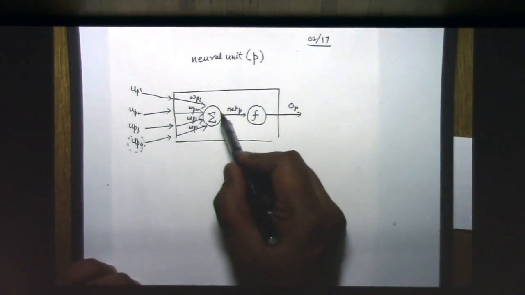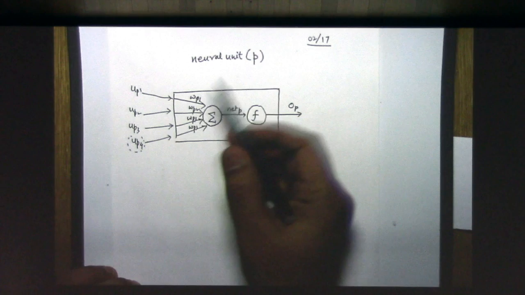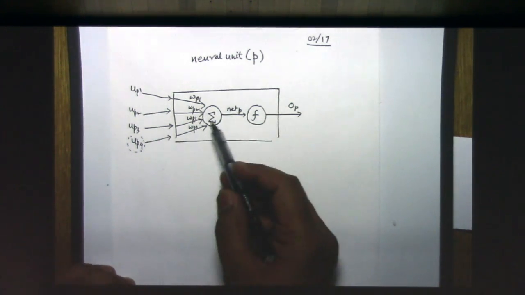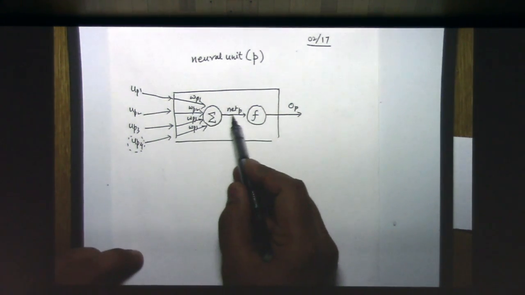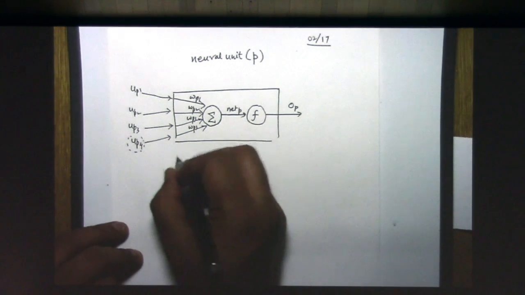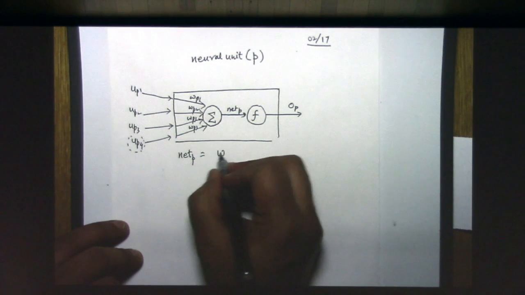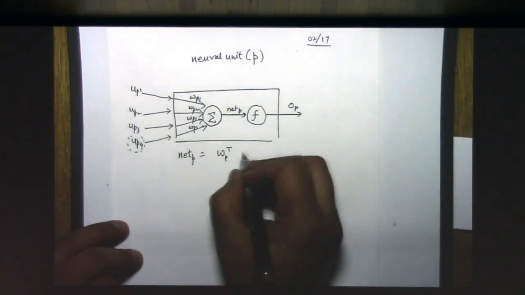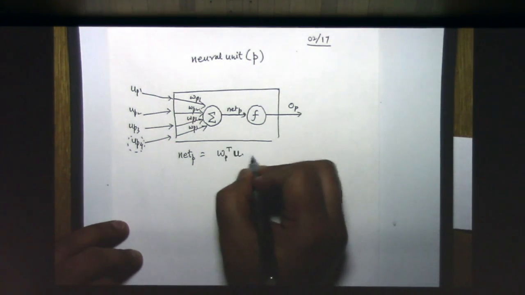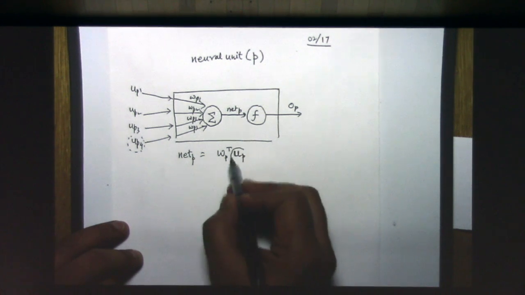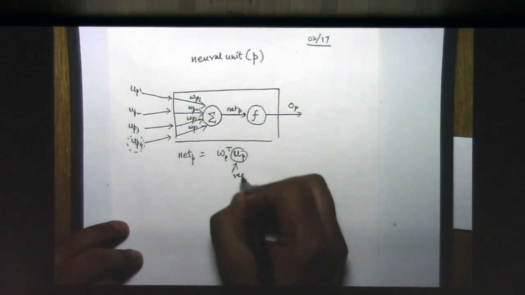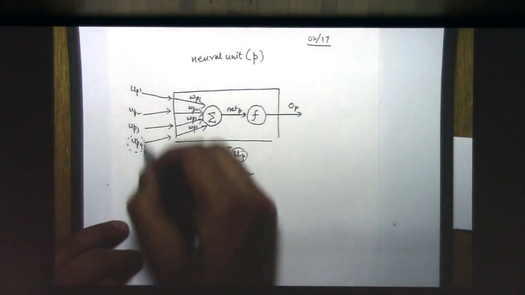What happens in this part is that this weight gets multiplied with these inputs, and then you get this output, which we are going to refer to as net P. So net P mathematically can be written as W_P transpose U_P. U_P is a vector that denotes the input that is coming in.